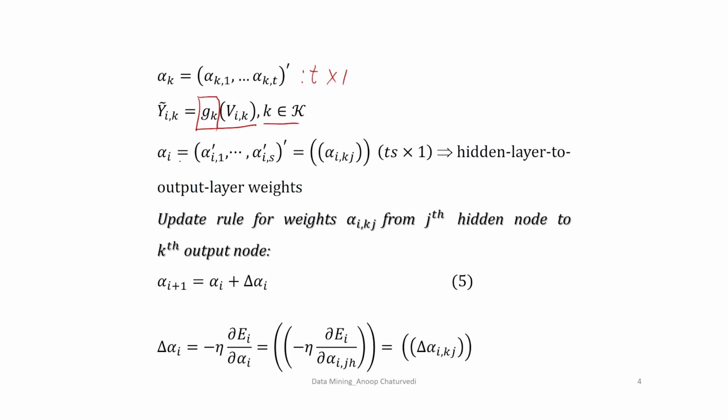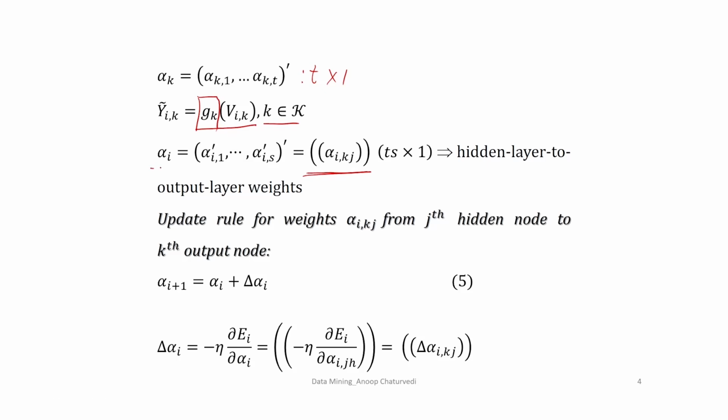Further, we write alpha_i equal to alpha_i1 transpose, alpha_i2 transpose, and so on up to alpha_iS transpose, whole transpose, or the vector of alpha_ikj.